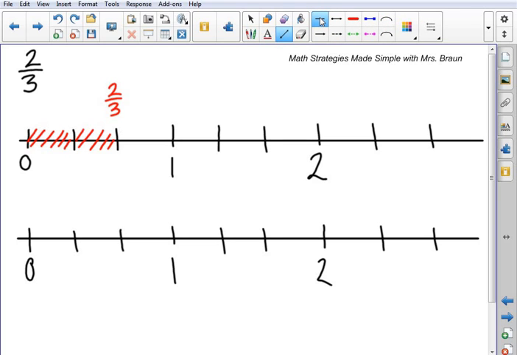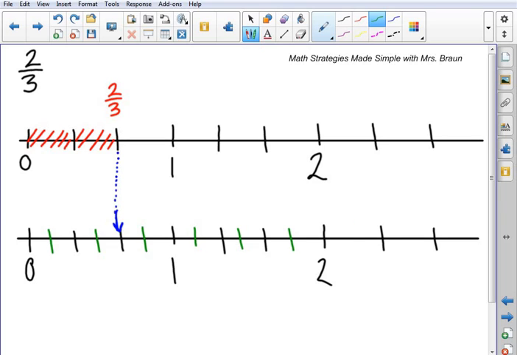Now, I'm trying to find a fraction that's equivalent to this 2/3, that part of the whole right here. And so what I'm going to do is partition each of these pieces into smaller equal-sized pieces to find an equivalent fraction. And so I'm going to split these into 2. You can split them into 3, you can split them into 4, you can split them 10, 20. It's not really reasonable on here, but the idea is still the same.